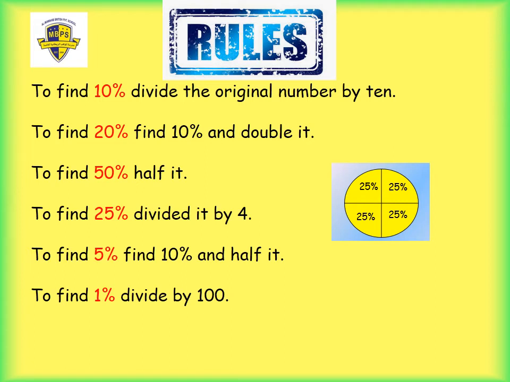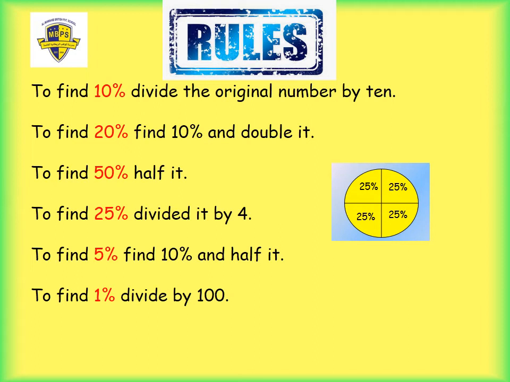Now, to find 5% of any number, we can find 10% of this number. How do we find 10%? Excellent. This 10%, we divide this number by 10. Okay.